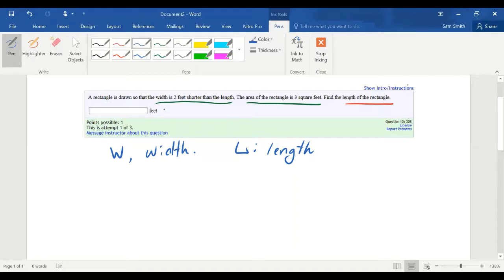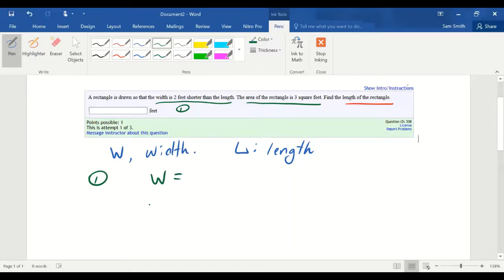One about the rectangle's proportions, its shape. The width is 2 feet shorter than the length. So I'm going to try and translate this English statement into a mathematical equation. The width is. Now pause for a moment.